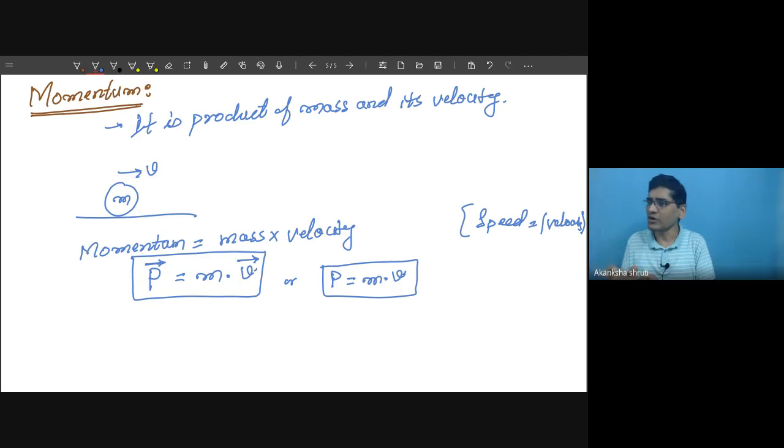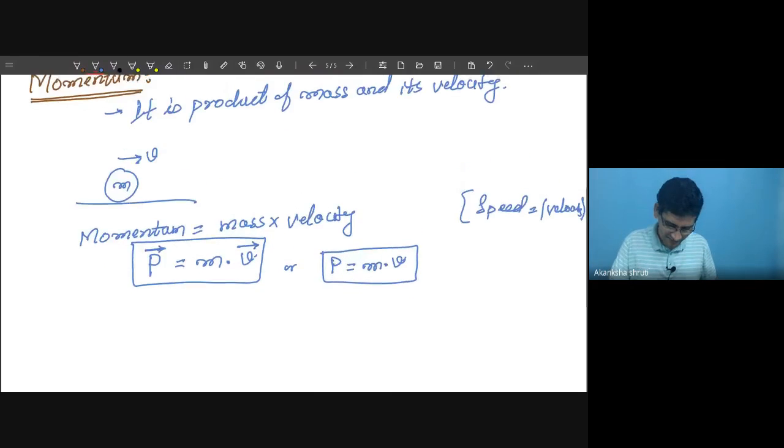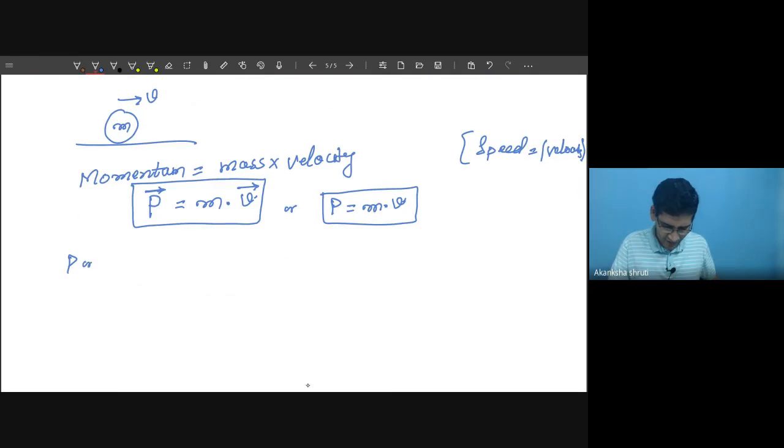Why so? It is because mass is involved. It means when mass is multiplied with velocity, it gives some new kind of quantity. That is giving the total effective motion. Okay. So this P or mv gives the effectiveness of motion.